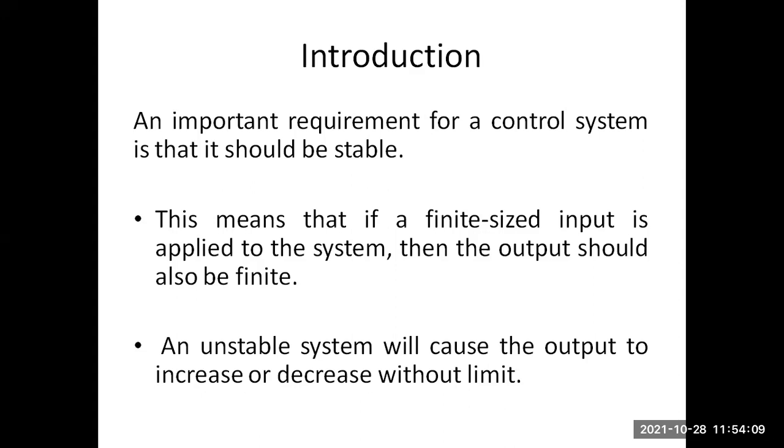Suppose you have an input and you should get an output of, let us say, 4 ampere. For example, the current should be 4 ampere, but you are getting 1 ampere. That means it is not correct. Similarly, if you are getting an output current of, let us say, 8 ampere, it is also not correct. You should get 4 ampere. So it is deviating from the desired result, and then we'll say that the system is unstable.